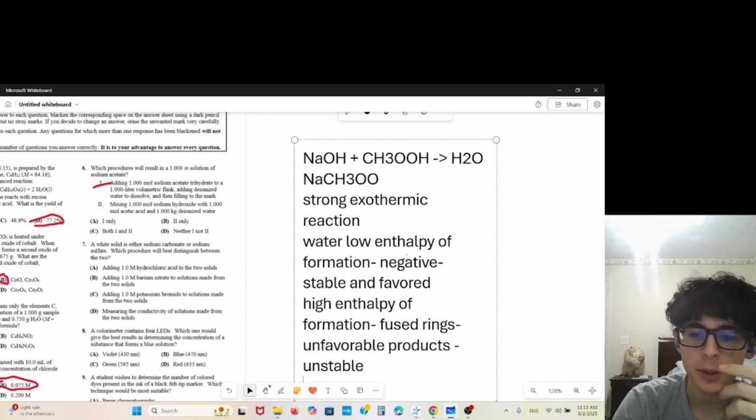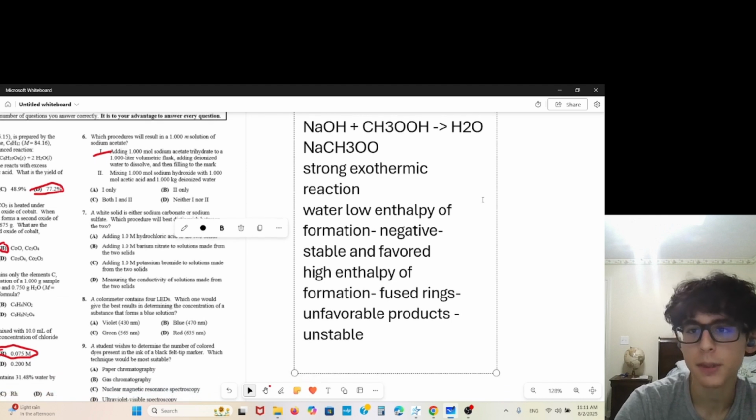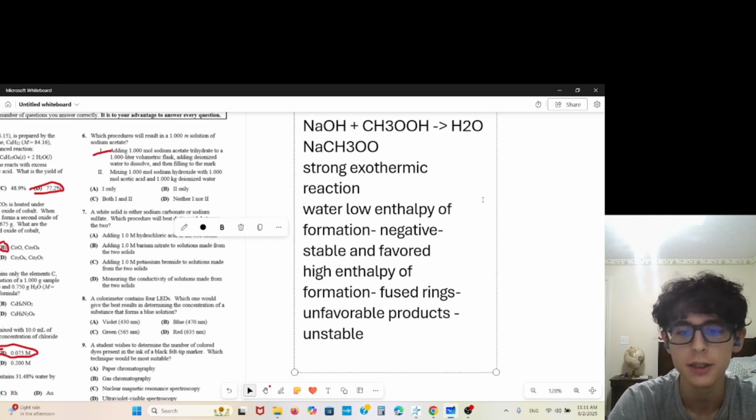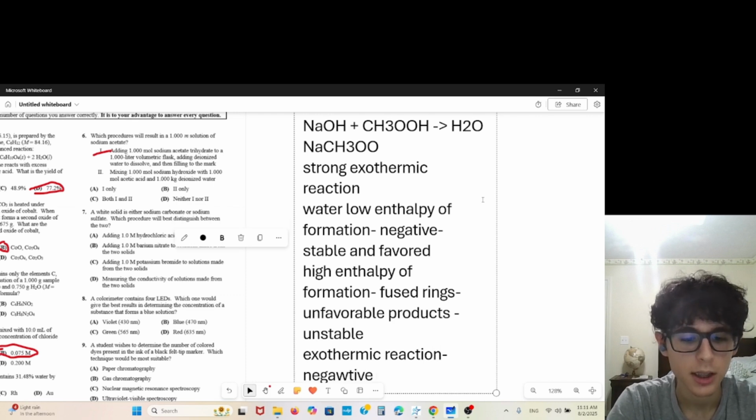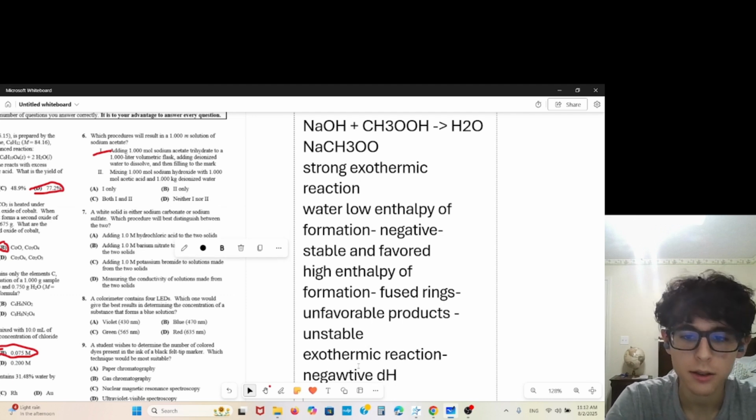So what does this all mean? Well, if H2O has a super low, super negative enthalpy of formation, this is going to be an exothermic reaction. So we're releasing heat, negative delta H, whatever. Right?